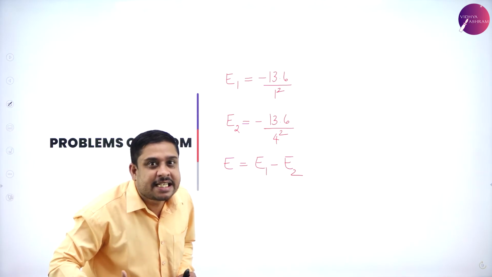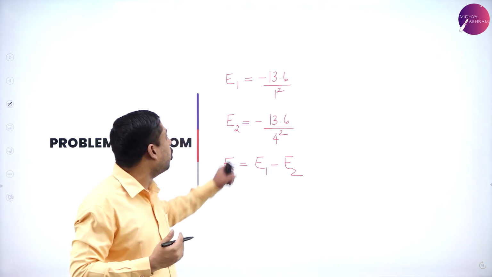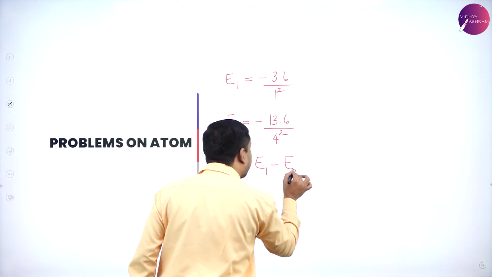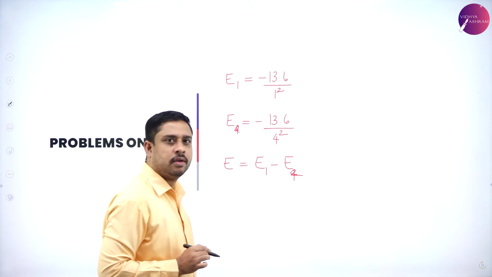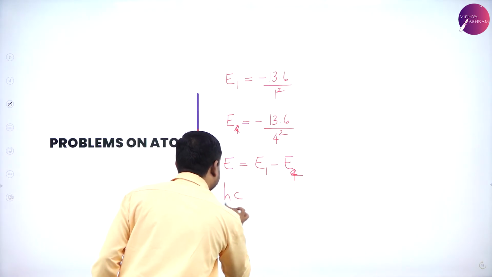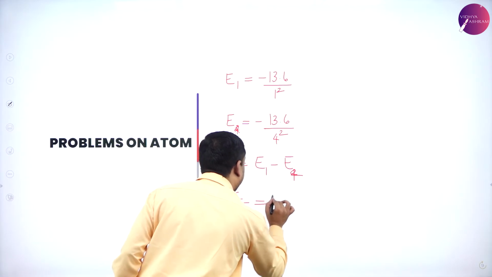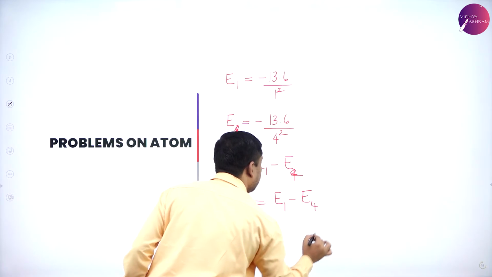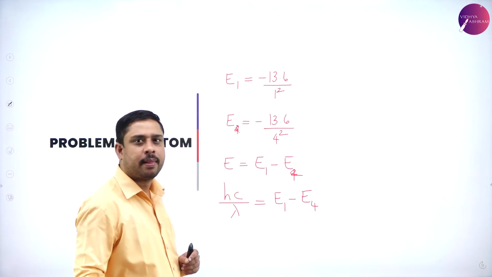From the first energy level it has gone to the higher level, which I call E4. So we know E is hc by lambda, which is E1 minus E4.